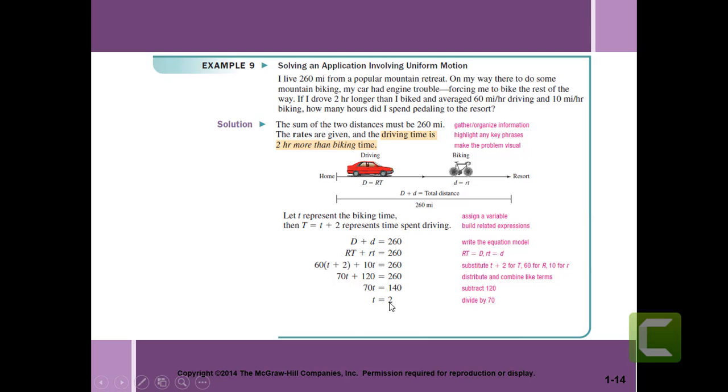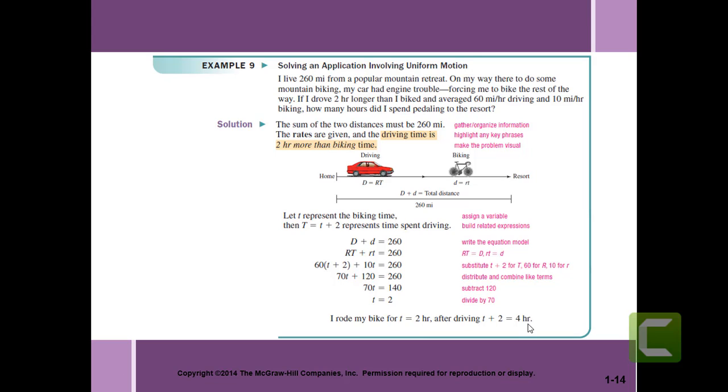But make sure you take this and you substitute back into the original equation and make sure that that gives you a valid answer. Okay, so it says here, I rode my bike for 2 hours, which means that I drove for 4 hours. Okay, so that should make sense based on what we just discussed.